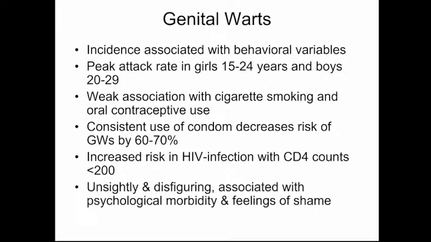The peak rate is 15 to 24 years for girls, and for boys, the peak attack rate is 20 to 29 years. Weak association with cigarette smoking and oral contraceptive use. And it appears that consistent condom use decreases the risk of genital warts by a whopping 60 to 70%.